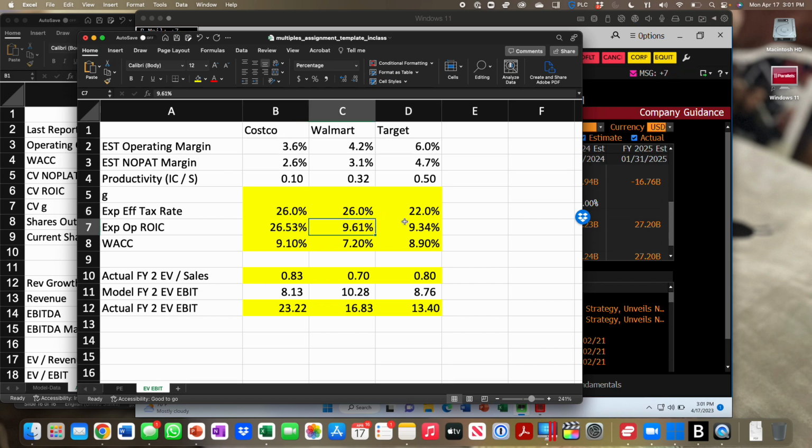Operating ROIC. It's the same idea. I need a spread based on ROIC in perpetuity.